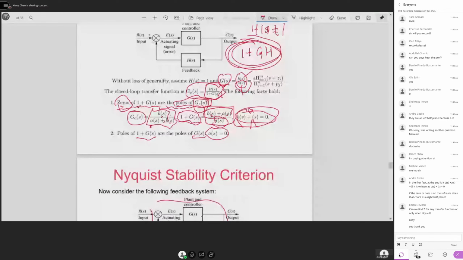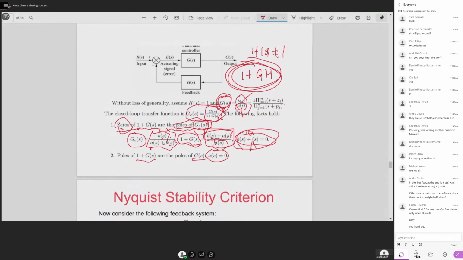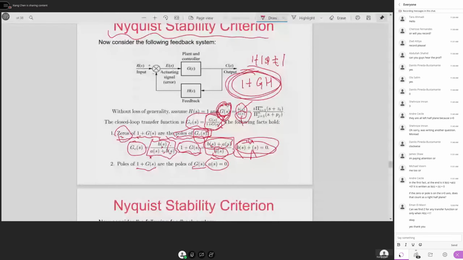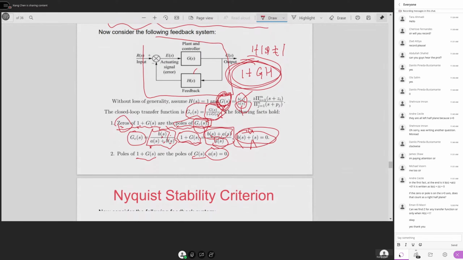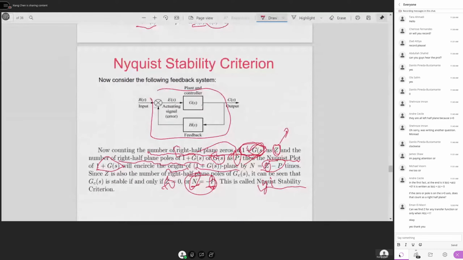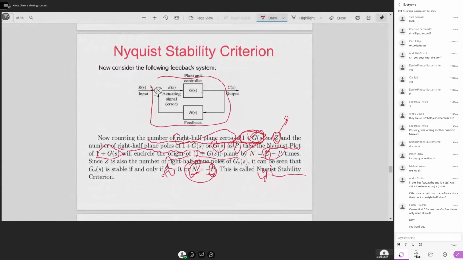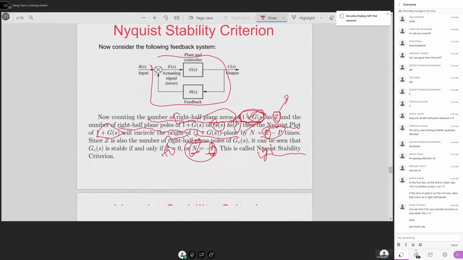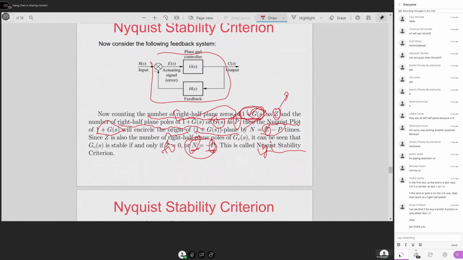You just need to know the information of the G of S. Then you can predict, if you put this kind of open loop system into this feedback structure, whether the closed loop system will be stable or not. Is that nice? That is very nice. You don't even need to derive the closed loop transfer function. Then you know whether the closed loop system is stable or not, right? Okay, so this is why the Nyquist stability criterion is applied in control very broadly. Okay, because people like it.